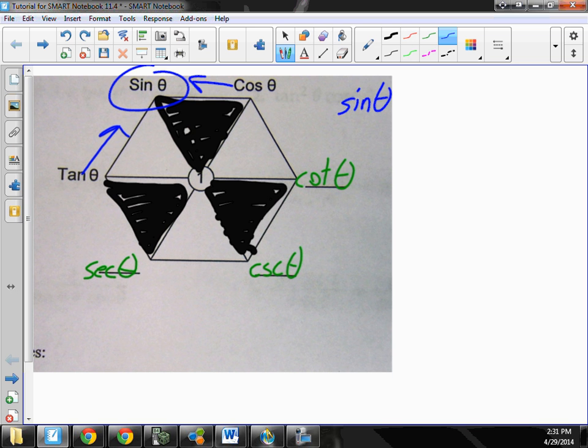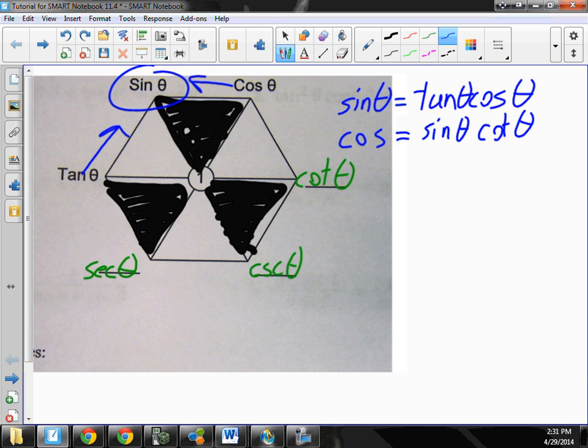Sine of theta equals tangent times the cosine of theta. What's another example? So cosine is sine of theta, cotangent of theta. The cotangent of theta is cosine of theta, cosecant of theta.